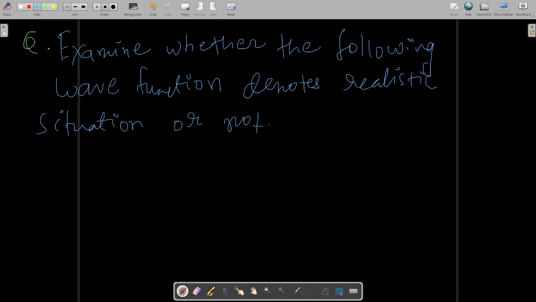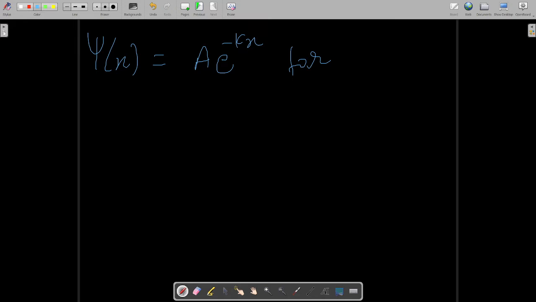So your psi x is basically a e to the power minus kx, okay, for x smaller than 0, and it is equal to a e to the power kx for x greater than 0.